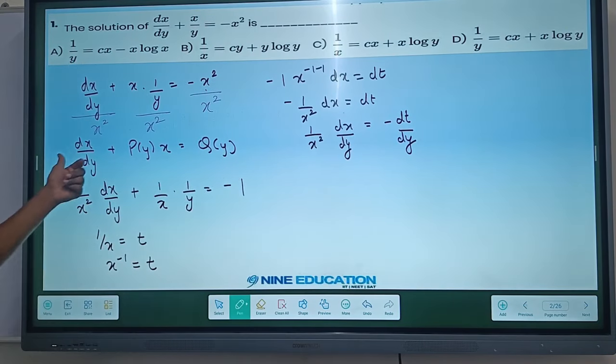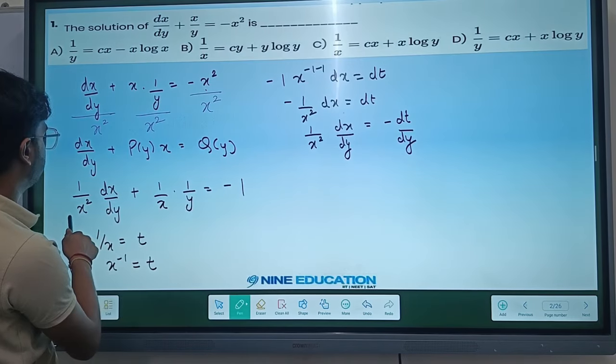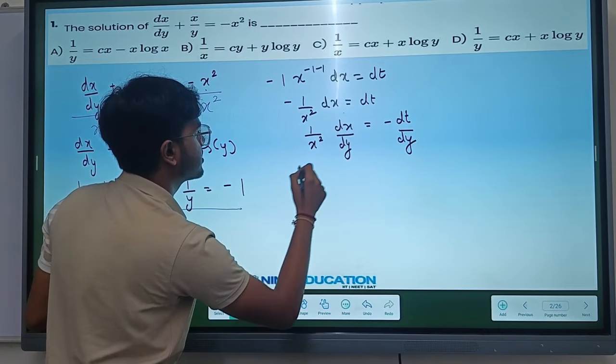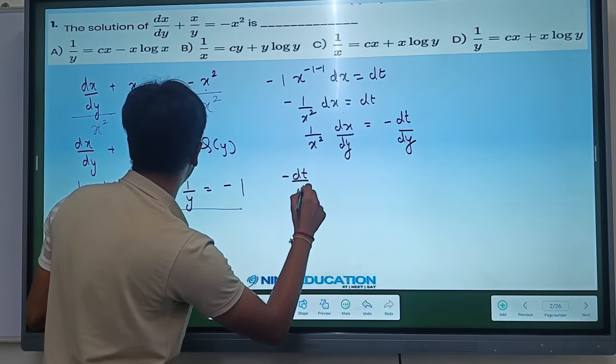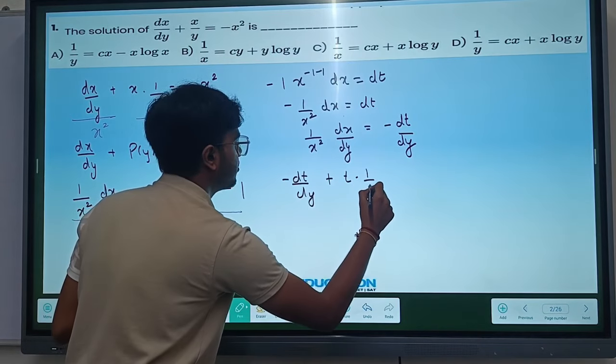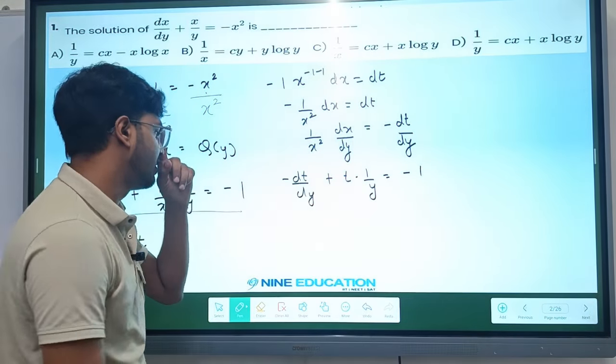Substitute this value over here, in our solution. So what will you get? 1 by x square dx by dy is minus dt by dy plus 1 by x is t into 1 by y equal to minus 1. Let's simplify it a little bit more.